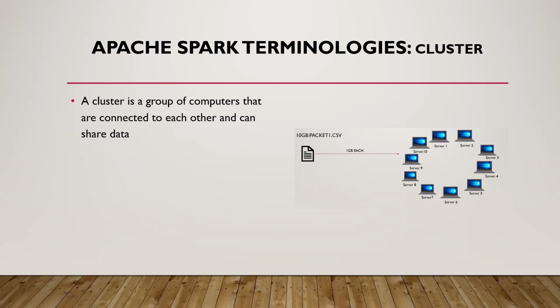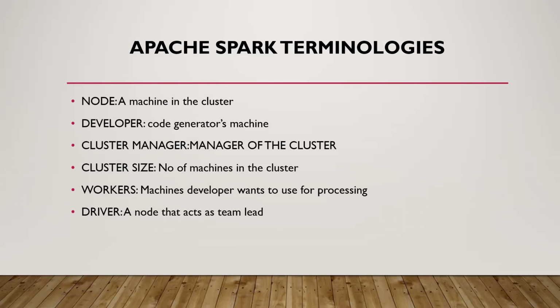You might say, okay, I have 100 computers, but this job is small now. Let me just use 5 computers. Let me just use 10. Those 5 or 10 that you're using are the workers, while the cluster size is the number of all the computers in the cluster.